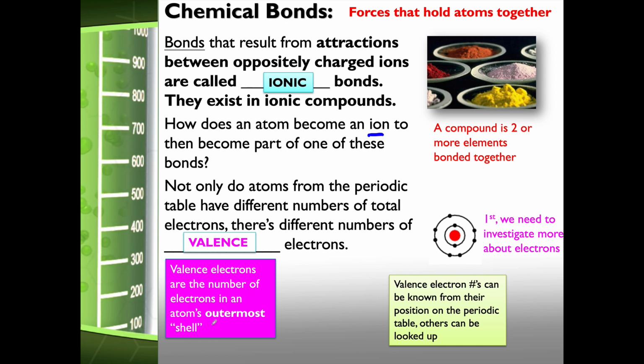Now, another thing about valence electrons is by looking at a periodic table, we actually know some common trends and some common, we'll call it groupings of elements that have the same number of electrons based on their position in the periodic table.